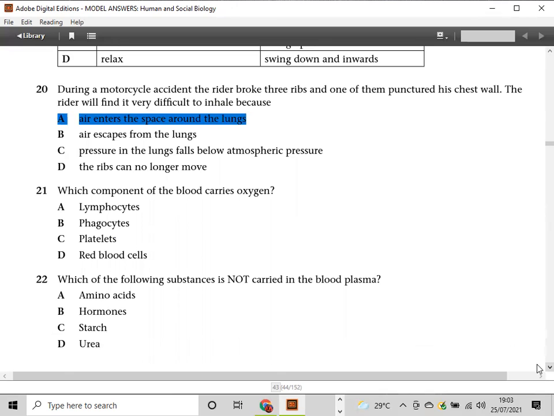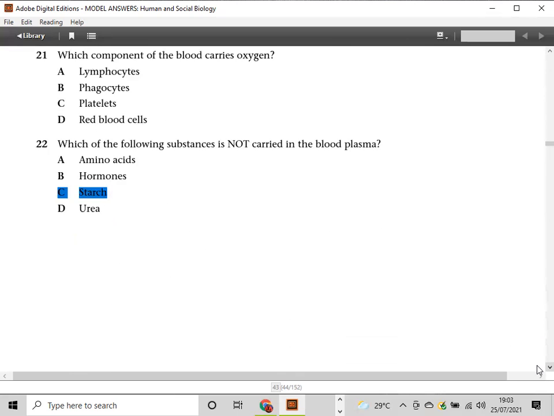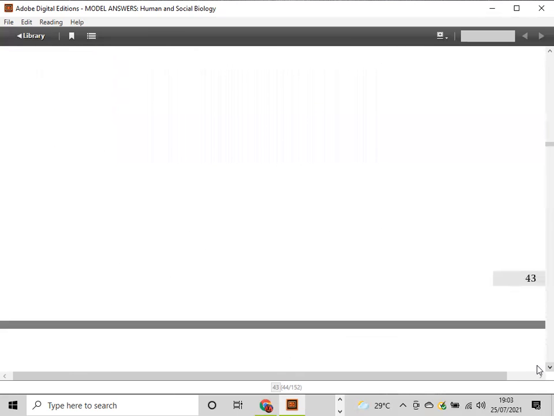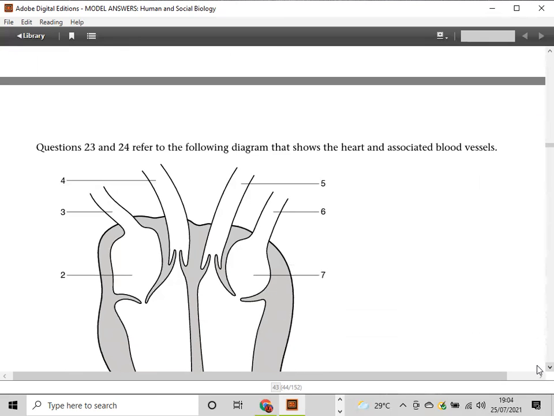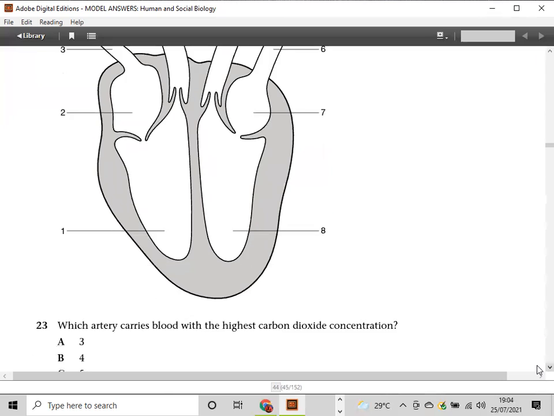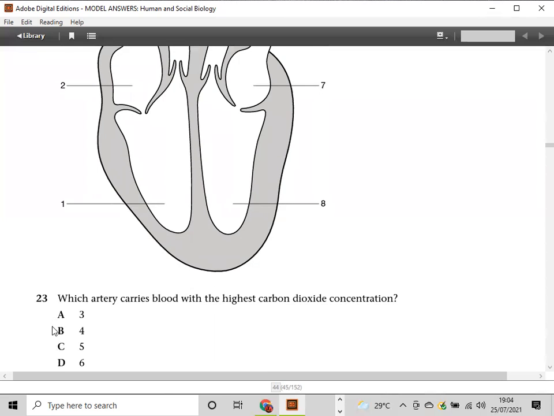And 21 is T, red blood cells. And to reiterate, guys, 22 is C, that is starch. And 23, I'm just going to call out this one. 23 is B, and that is 4.